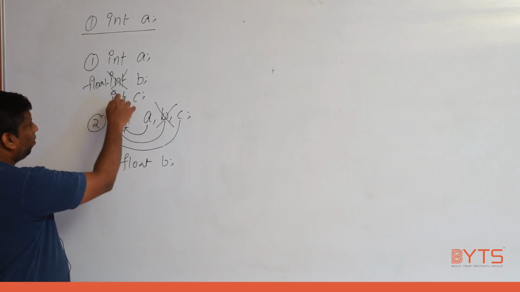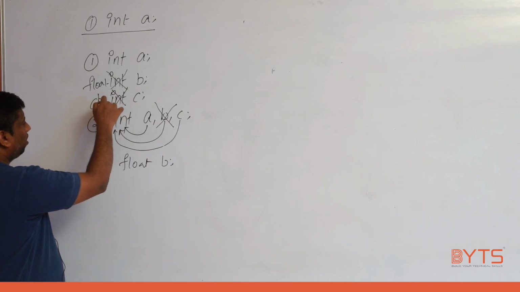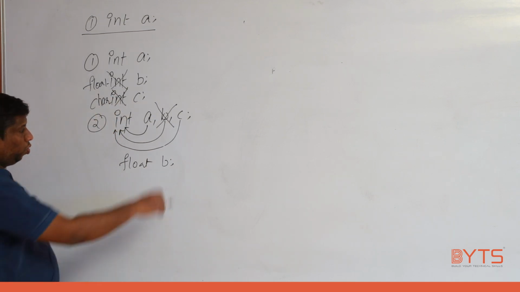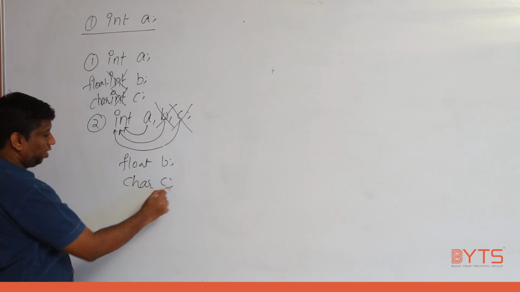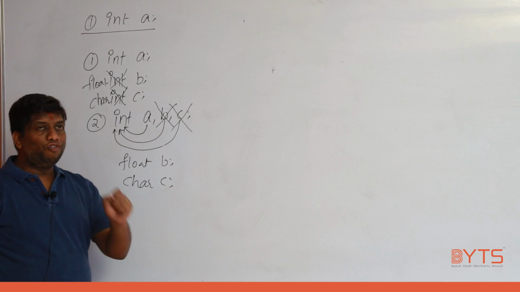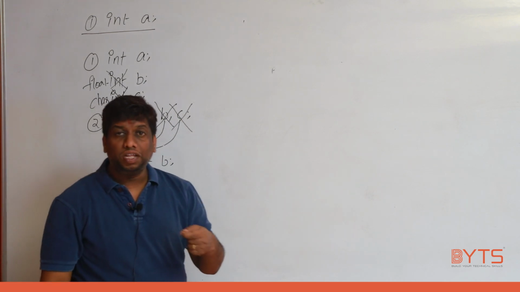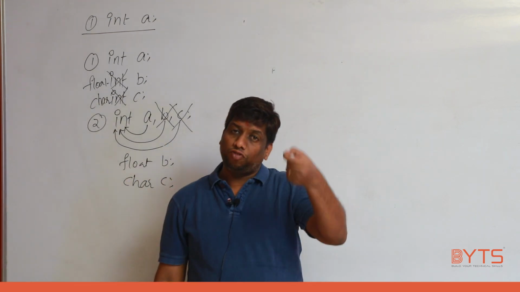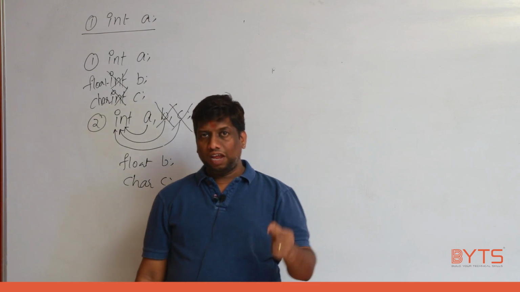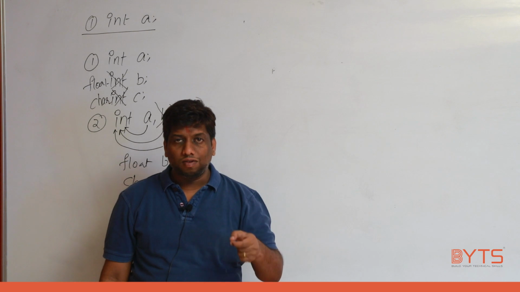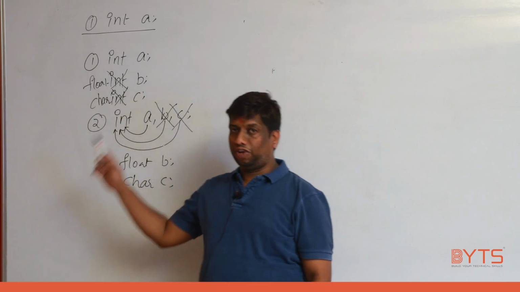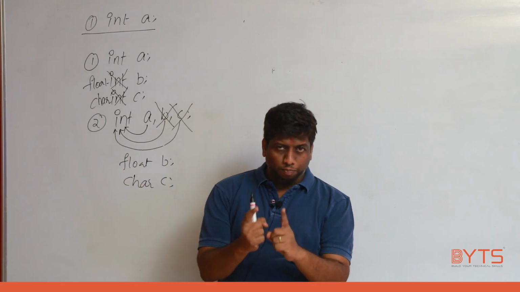Then I can remove it here and put char, and write char C. So whenever I want to change a variable type in the future, it is always recommended to use the first style. That is the first important point.